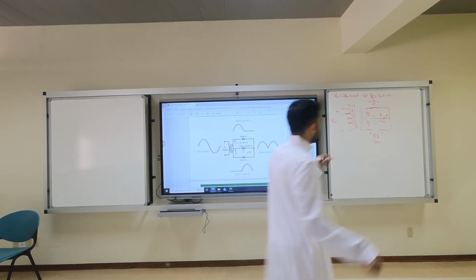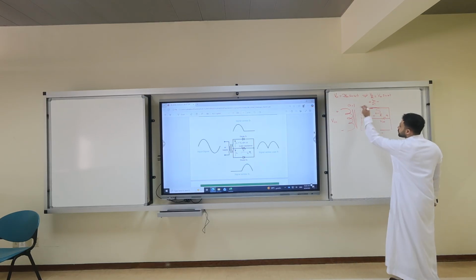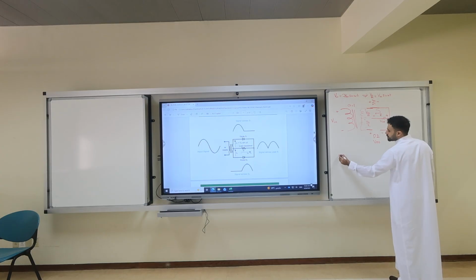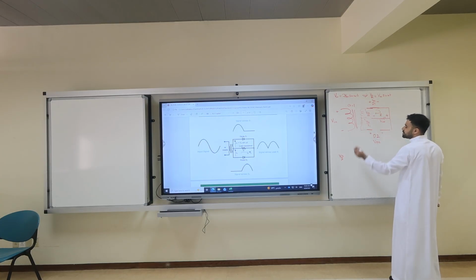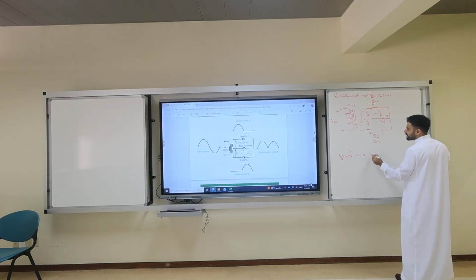Let's do KVL here. Voltage rise or voltage drop? Vin over 2 plus VD1, which is 0, minus V output equals 0. So this is already 0, short circuit. So what is V output?